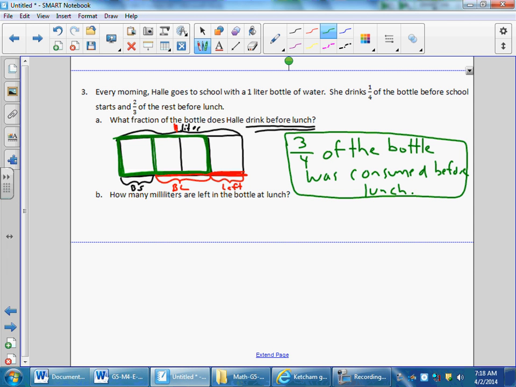B, how many milliliters are left in the bottle? Well, what's left in the bottle, I can see, is 1/4 of 1 liter. If I'm going to convert that, it would be 1/4 of how many milliliters are in 1 liter? 1,000 milliliters.